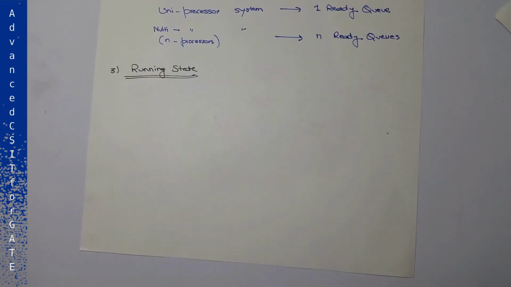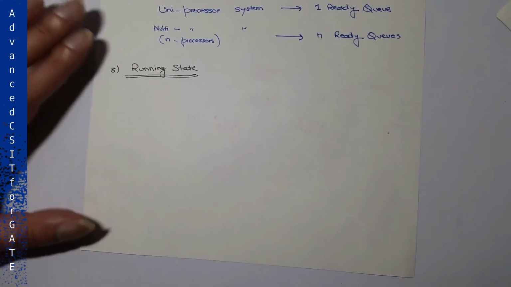Now the third state is running state. It is similar to what it was in the two-state diagram. In a running state, there can only be one process which is running. So let's write that.